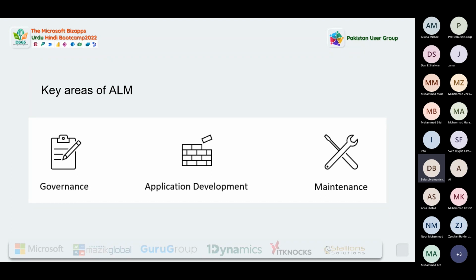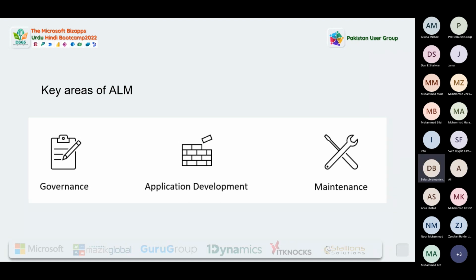Application development includes identifying the current problems, planning, designing, building, and testing the application and its continuous improvements. This area includes the traditional developer and the app maker roles. Next, we have the maintenance phase. It includes the deployment of the app and the maintenance of the optional and the dependent technologies.